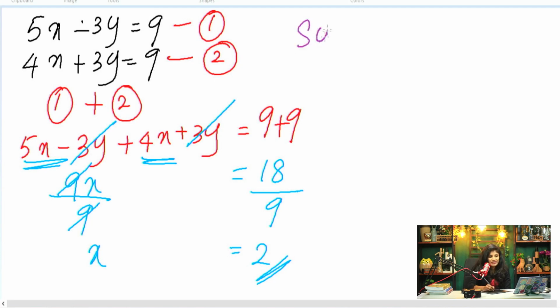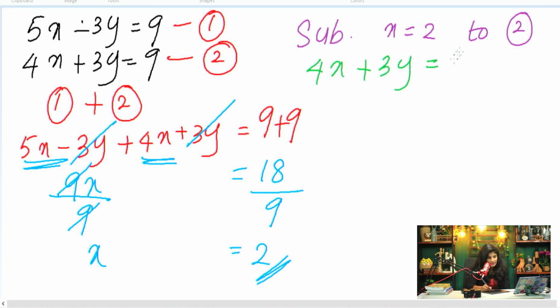So I will substitute x equal 2 into the equation. What is easier? Okay, we will use equation number 2 here because all the terms are positive there. So equation number 2: 4x plus 3y equals 9. The value of x is 2.